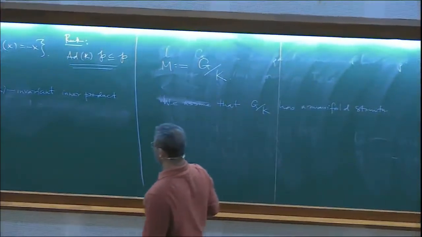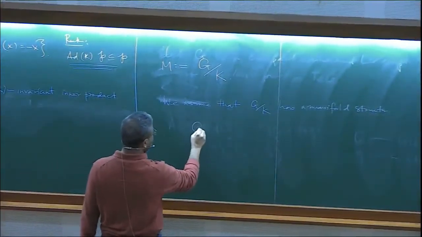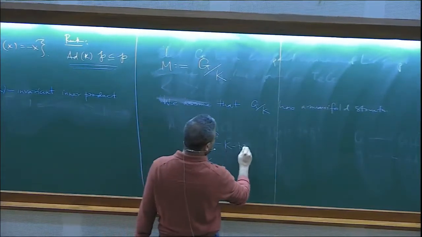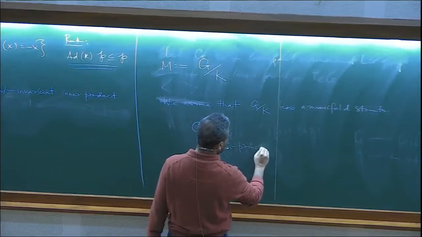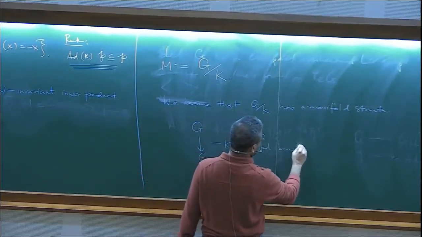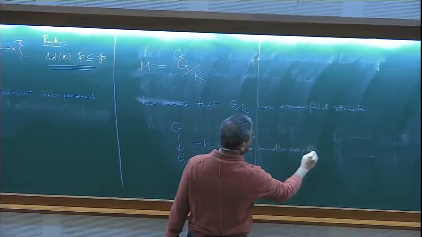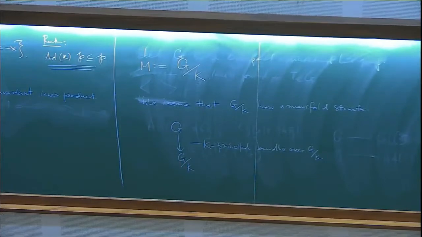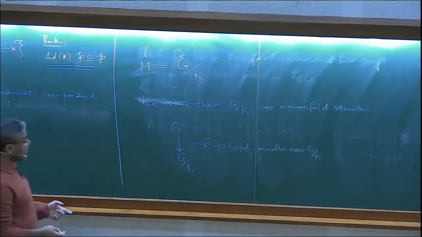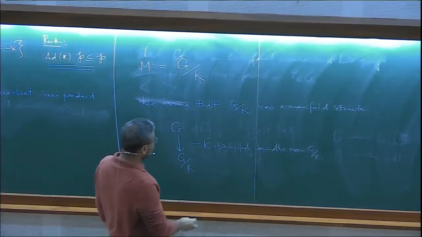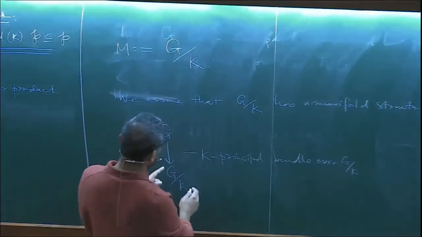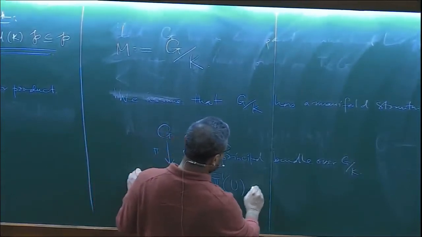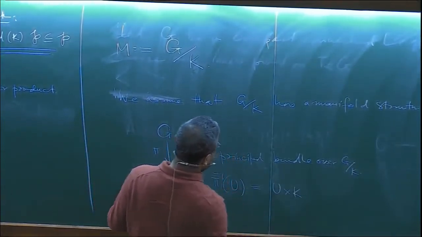In fancier language, G over G mod K is a K principal bundle over G mod K. That is, given any point in G mod K, you can find a neighborhood U which looks like a neighborhood in G mod K, so that pi inverse of U is going to look like U times K.